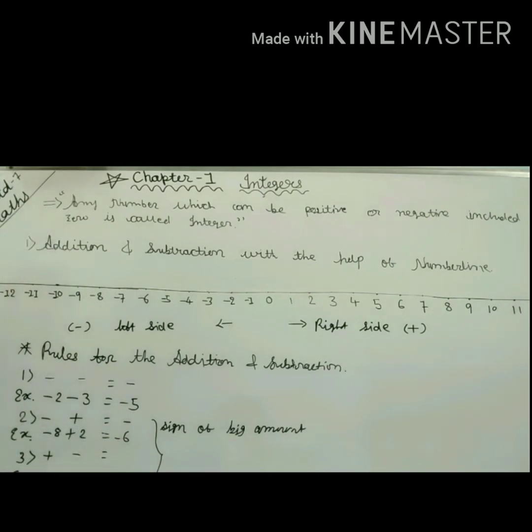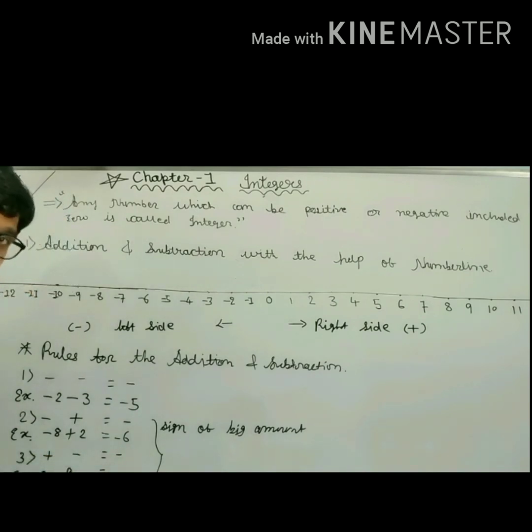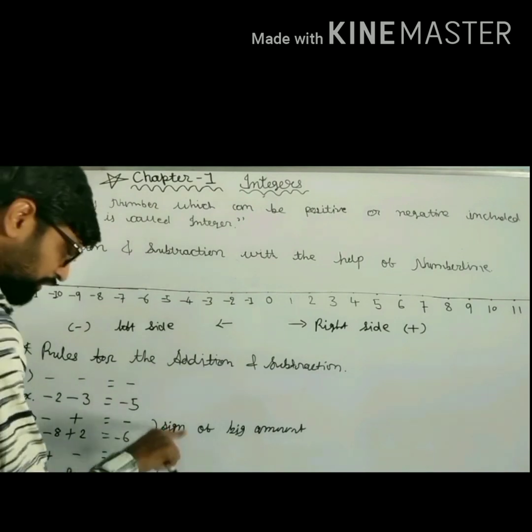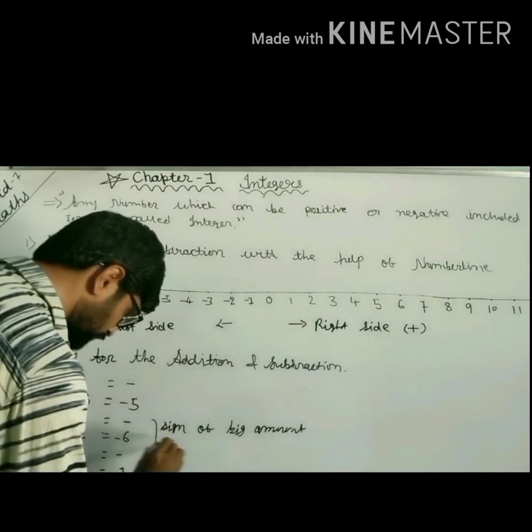Is that clear? If plus is given first, and here 8 is given and minus 9 is given, which is bigger? 9 is bigger, so we put a negative sign and subtract 8 from 9, so the answer will be -1. Is that clear? I am writing here the rule you have to take care of.